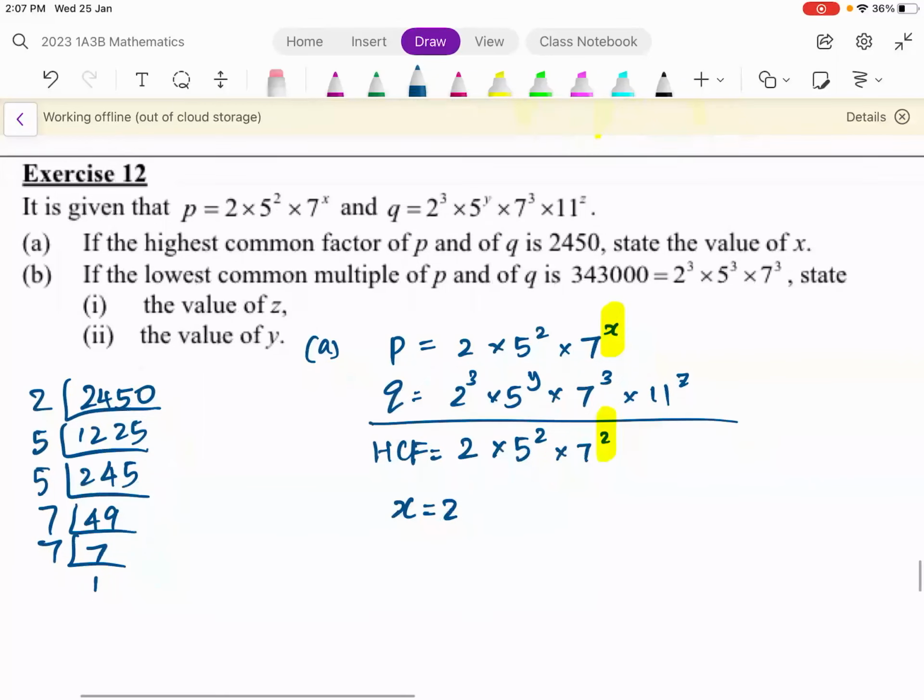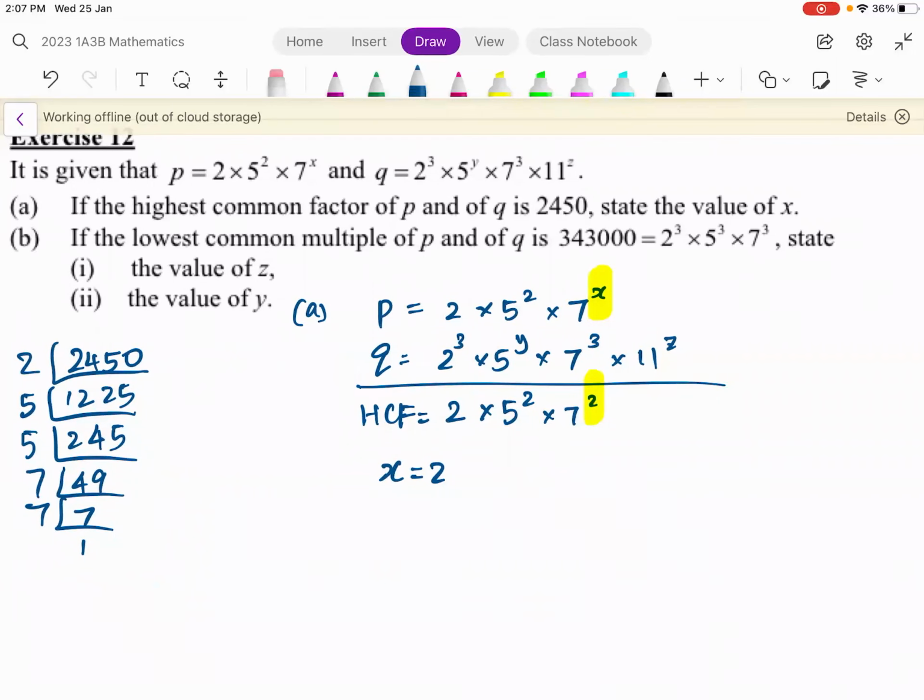And then they carry on to say, oh, the LCM of P and Q is 343,000, which they break it down for you already. They're very nice to you. Okay, so P is 2 times 5 square times 7 to the power of X, X was 2, right?